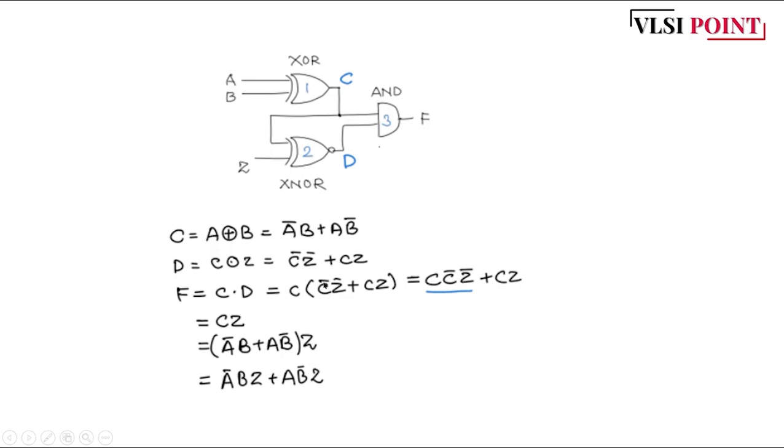We have C and in brackets D, we have this term. Okay, so C bar Z bar gets cancelled. We are left with C Z. So F is C Z. We can simply keep C in our expression F, A bar B plus A B bar into Z. So we are left with A bar B Z plus A B bar Z, which is nothing but option A.